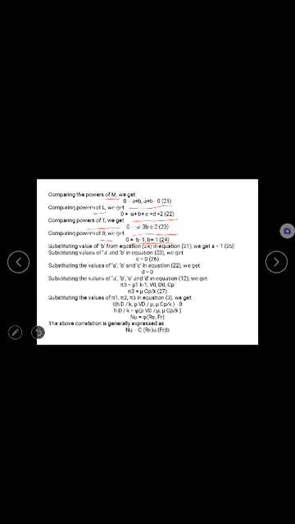Here we put the value of b in equation number 20 from equation 24 in equation 21. So we get the value of a equals 1. Putting a and b in equation 23, we get c as 0. Putting a, b, c in equation number 22, we get the value of d equals 0. Then putting a, b, c and d in equation number 12, we get the pi 3 term as mu^1, k^-1, v^0, d^0 and Cp.